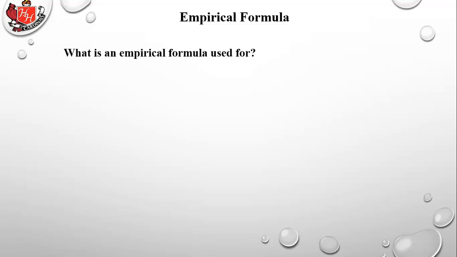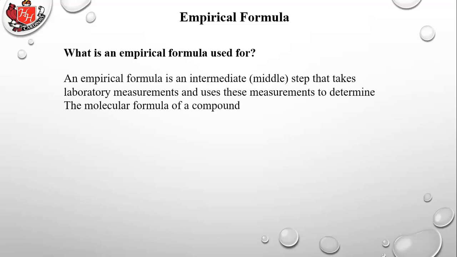So what is an empirical formula used for? An empirical formula is an intermediate, a middle step that takes laboratory measurements and uses these measurements to determine the molecular formula of a compound. So you start off with a laboratory measurement in grams. There are other ways we can measure laboratory output, but in this case we're talking about grams.